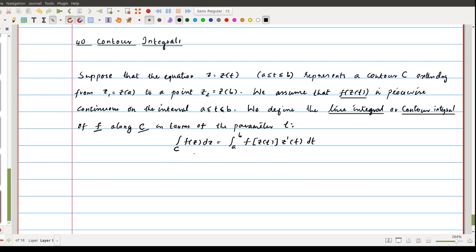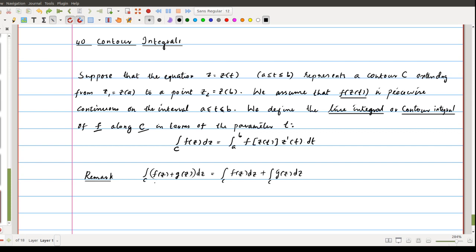This represents the contour integral of f along C, which can be evaluated as the integral from a to b of f of z of t times z dash t dt. So this is the definition of the contour integral or line integral.